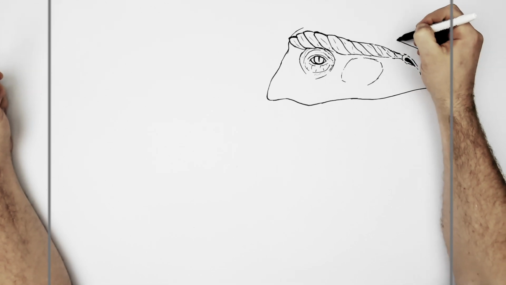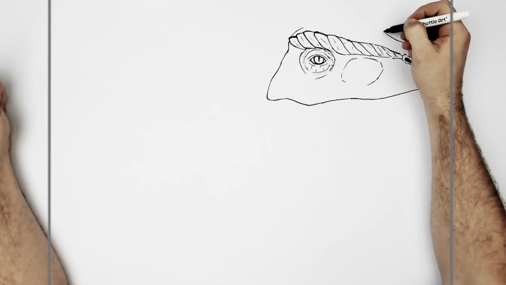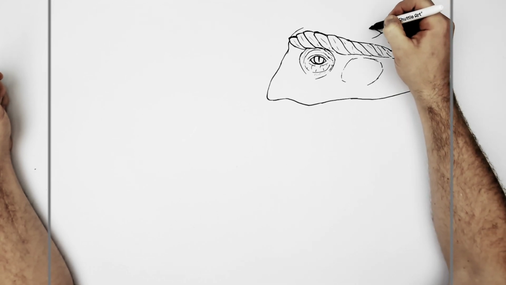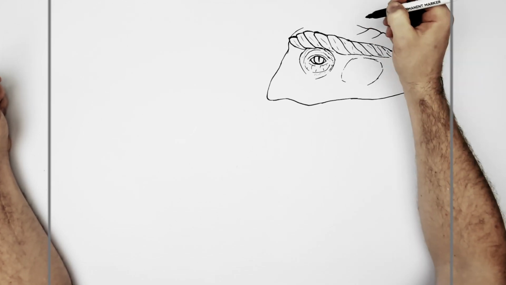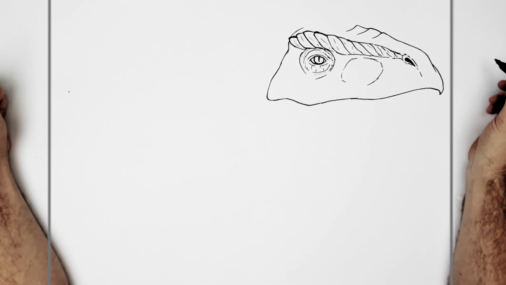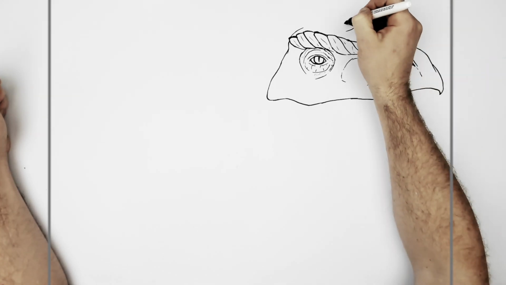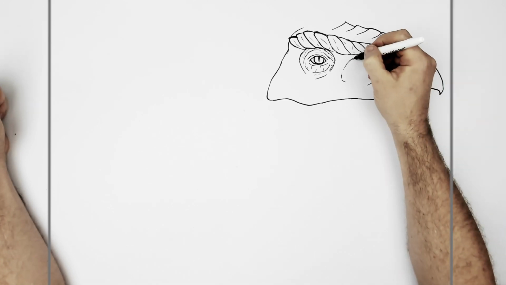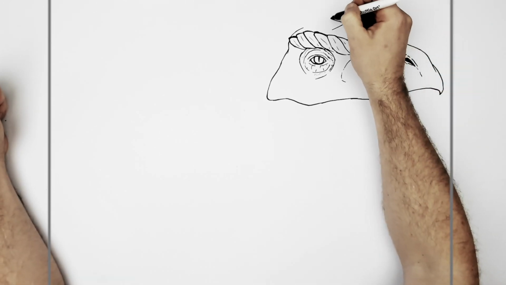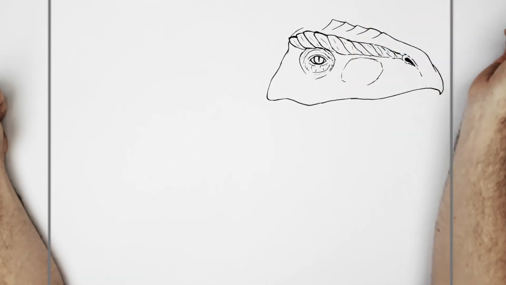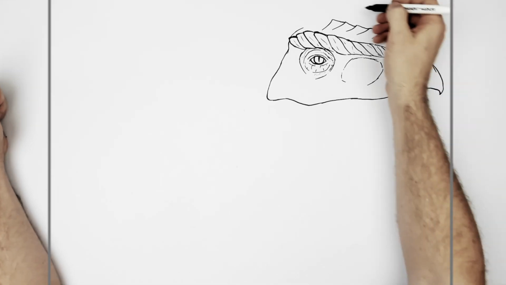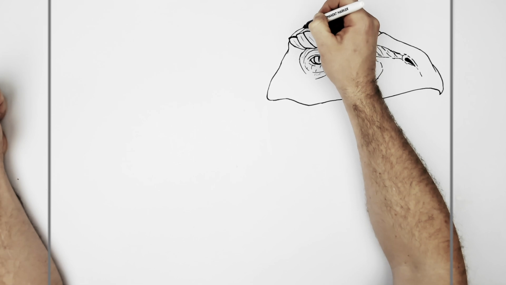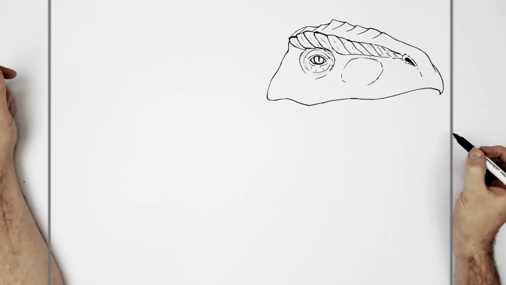So there's all these other sort of spikes now, and they overlap like this, right? It's kind of like a mountain range or something. All the way back there.